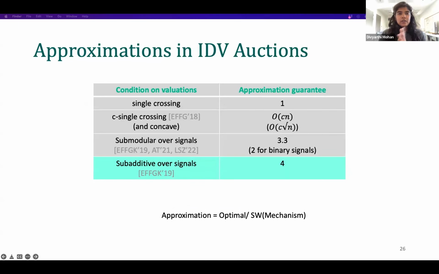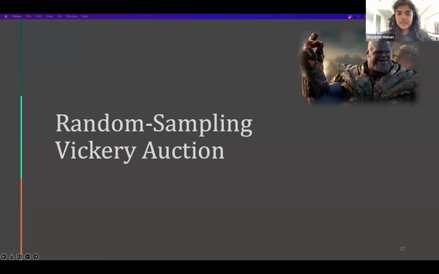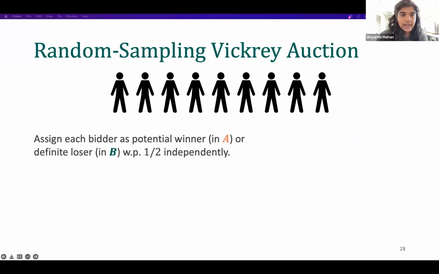Okay. Right. So let's go and see this approximately optimal mechanism. It's called the random sampling Vickrey auction. So in this auction, I'm going to be deciding whether each buyer is going to be a potential winner or a definite loser by tossing a coin with probability half. Okay, I toss a coin. If it lands heads, I tell that they are in set A, who are the potential winners.